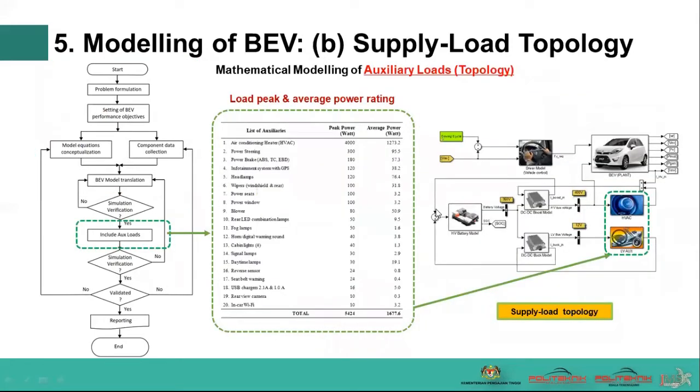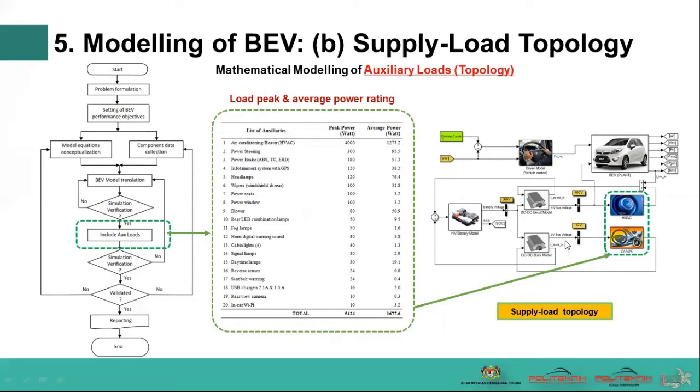After the drivetrain model passed the performance simulation verification, the next step is to include the auxiliary load. So 20 auxiliary loads have been selected to be included into the supply load topology. They are the basic auxiliary load spec for green vehicle. So initially, the auxiliary loads were attached based on high voltage and low voltage bus bars.